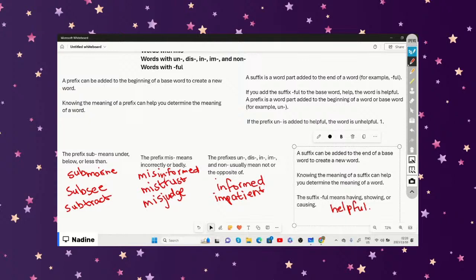So once again, a prefix can be added to the beginning of a base word to create a new word. And a suffix is added to the end of a word, right? And that is also basically to determine the meaning, to create a new word. And knowing the meaning of these will help you to determine the meanings of the words.